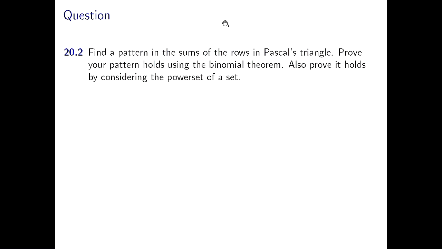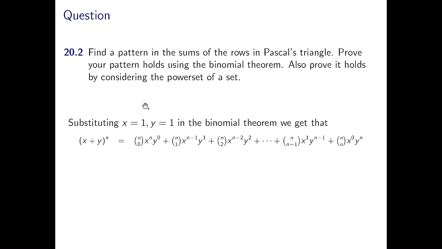Okay, so how about we do a different thing? How about we do this with 1 and 1 instead, right? We did it with 1 and -1 before, x equals 1, y equals -1. Let's do it with 1 and 1. So if I sub in x equals 1 and y equals 1, then my left-hand side is going to become 2^n, right?